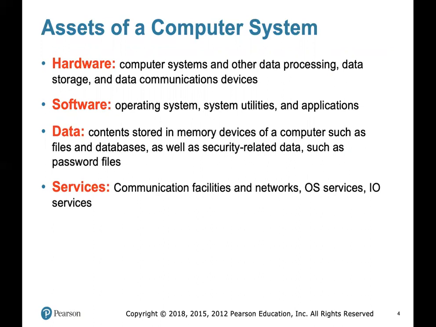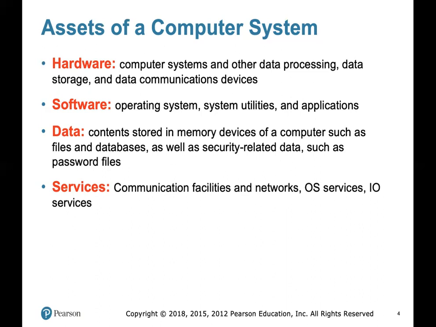When we say hardware, it means a piece of physical device that we can touch and hold. All of those hardware resources are examples of assets in a computer system when we look at them from the security standpoint.